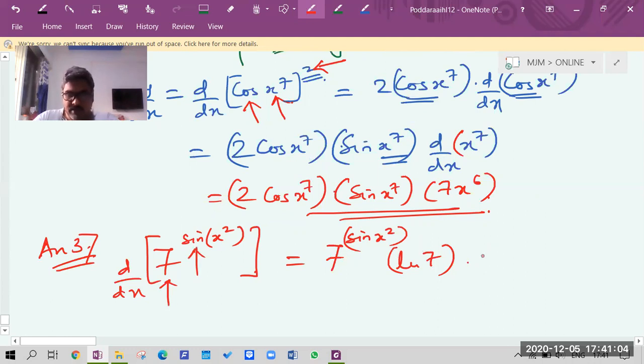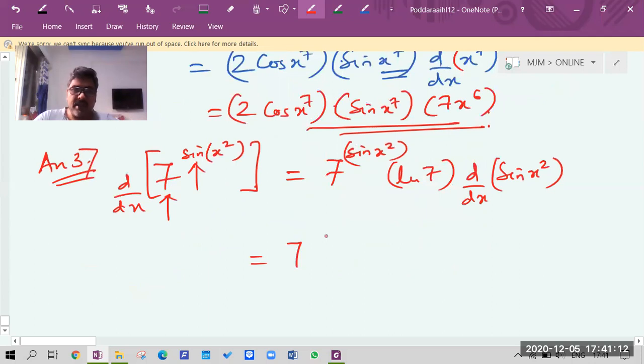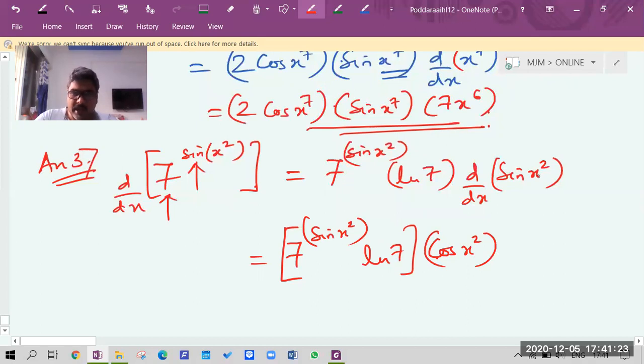So next step I'll write derivative of sine x square. Now next step, 7 raised to sine x square ln 7. That will repeat as it is. I don't have to worry about this now. Derivative of sine becomes cos x square. And now I'll attack this x square. That's my third attack.